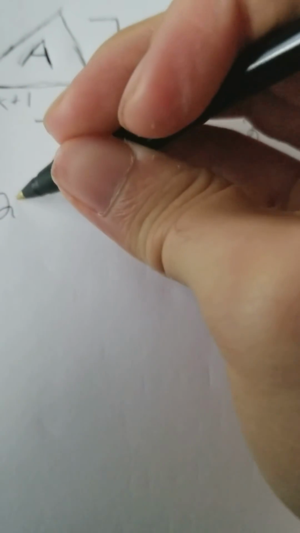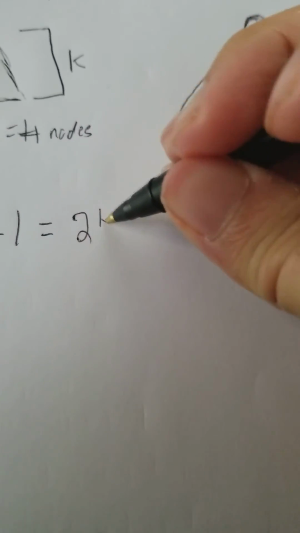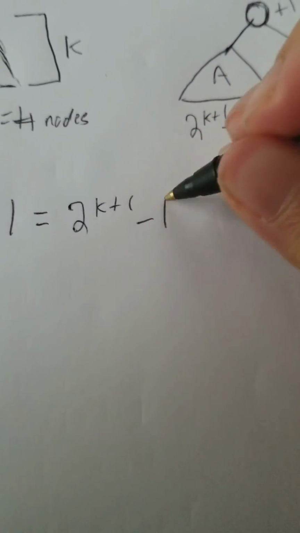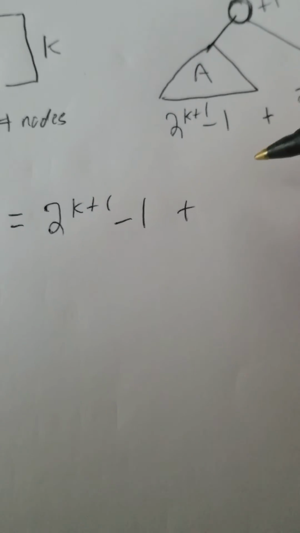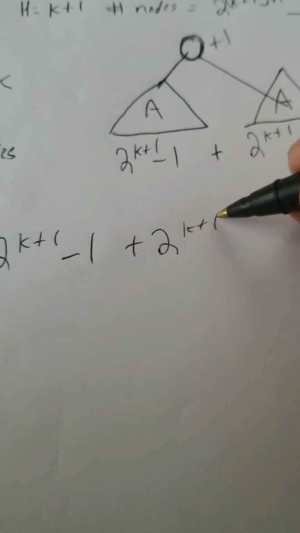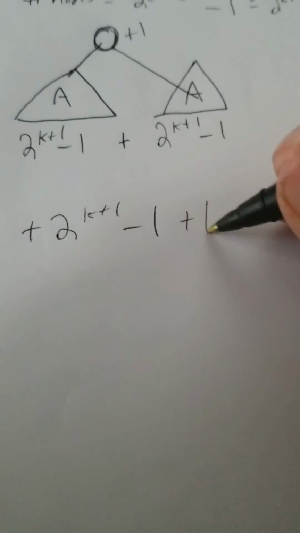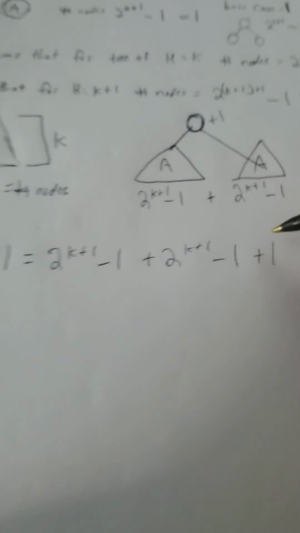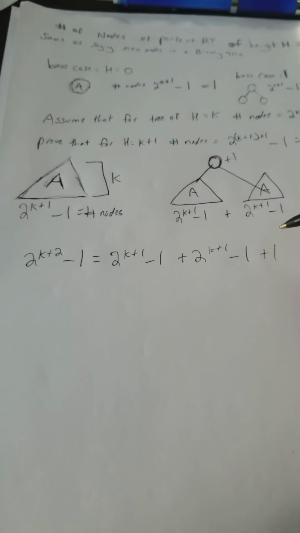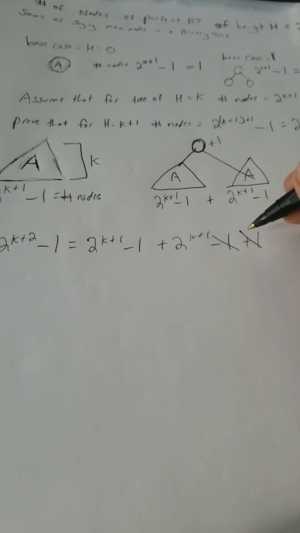So we're going to say 2 to the k plus 2, minus 1 is equal to 2 to the k plus 1, minus 1, plus, and that's our first A, 2 to the k plus 1, minus 1, that's our second A, plus 1. So now we just have to simplify the right side to try to get it equal to the left side, right? So we're going to say that these cancel out.